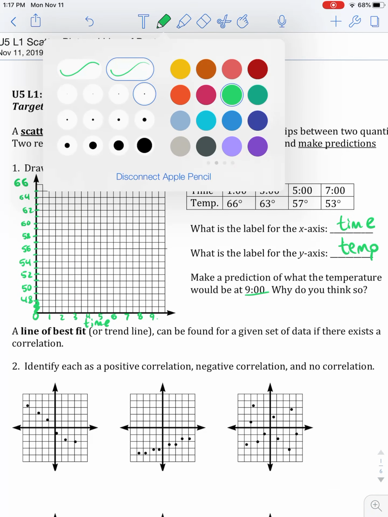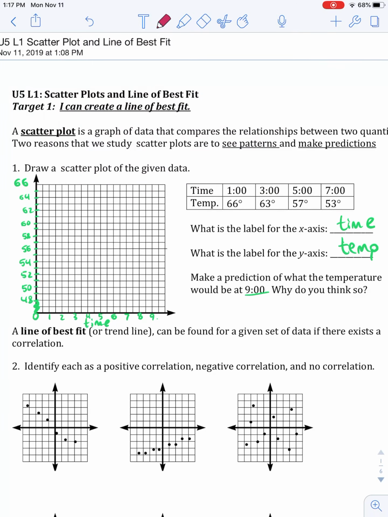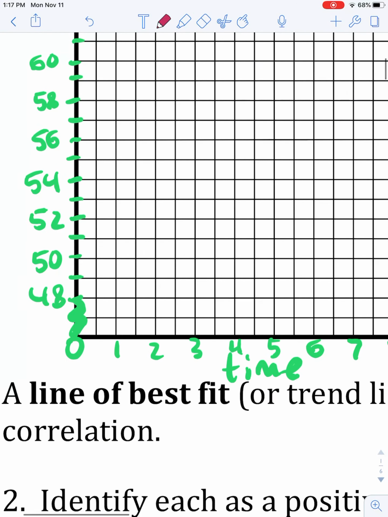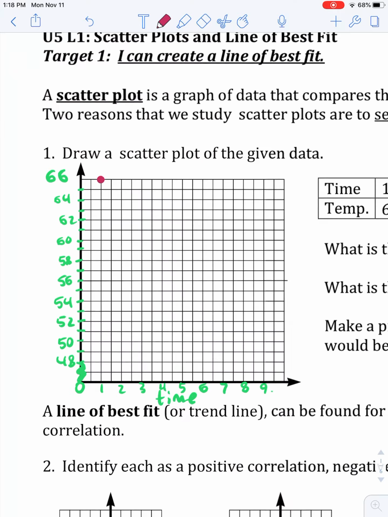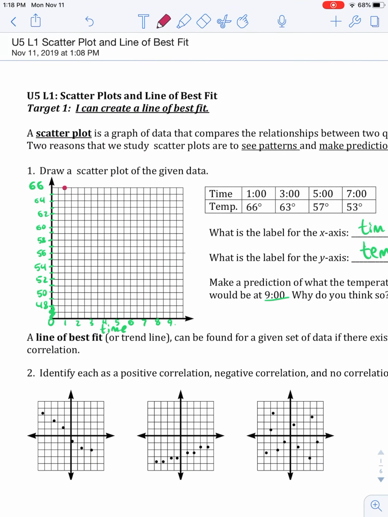We're going to go to 1 o'clock and plot a 66. So this says that after 1 hour, the temperature was 66 degrees. Now, again, this isn't a rule, it's just an observation. Sometimes when you see a scatter plot, you might see a couple of different points at the same time because maybe we're reading the temperature in 2 different places.